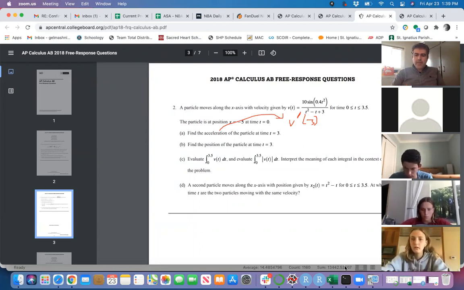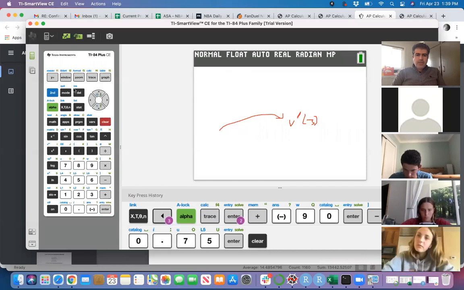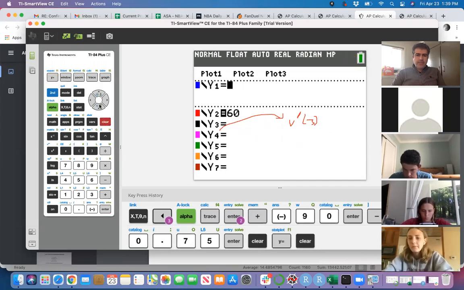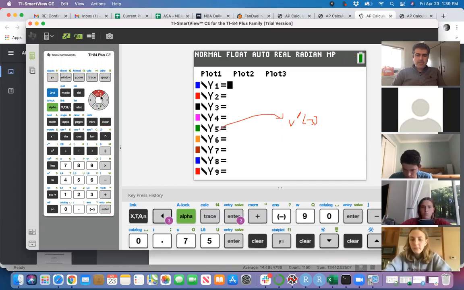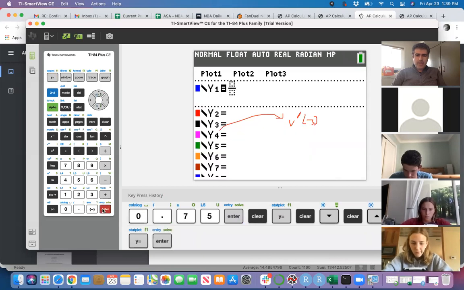So I'm going to pull up my calculator. Clear all the junk I have here. And I'm going to type it in. You could actually type it as a fraction, with alpha y equals. Or you could do parentheses in the numerator, then divided, then parentheses for the denominator.